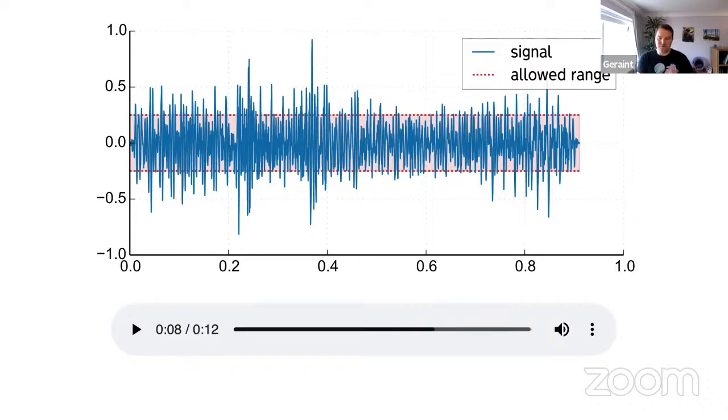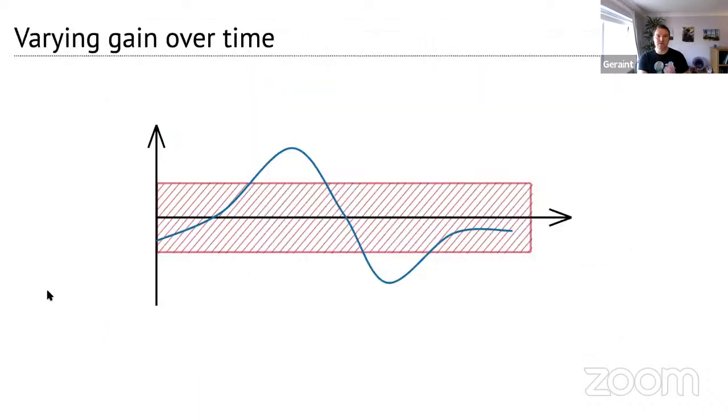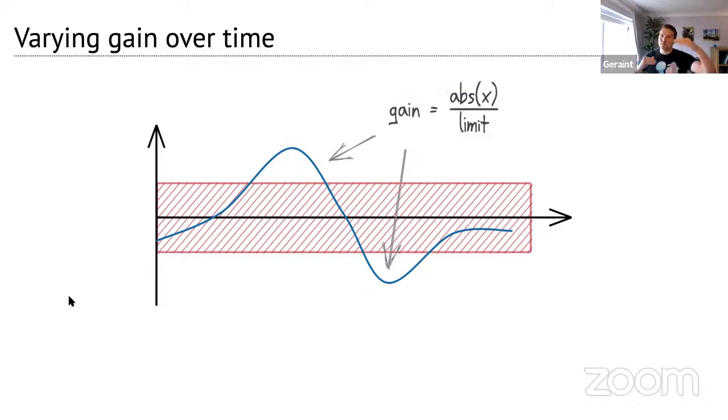The obvious thing to do is change the gain over time. If this is our waveform, then while the waveform is inside the allowed limits that we have decided we want, we can just pass it straight through with gain 0 dB. When it pokes outside these regions, we scale it down just enough so that it gets brought back inside the limits.